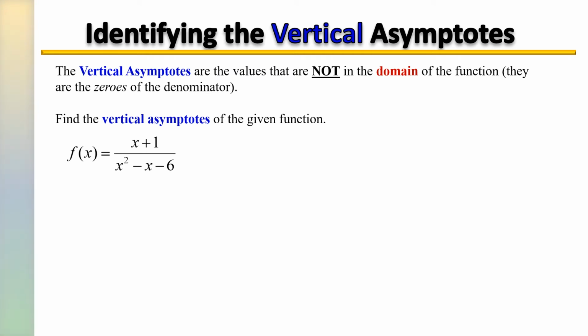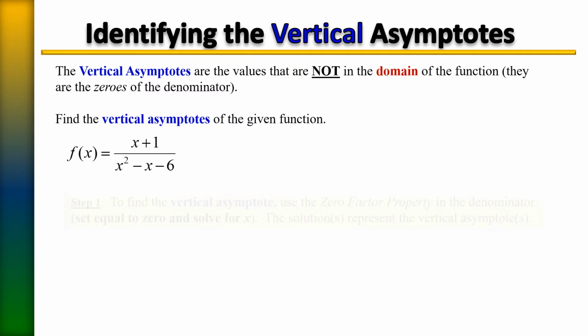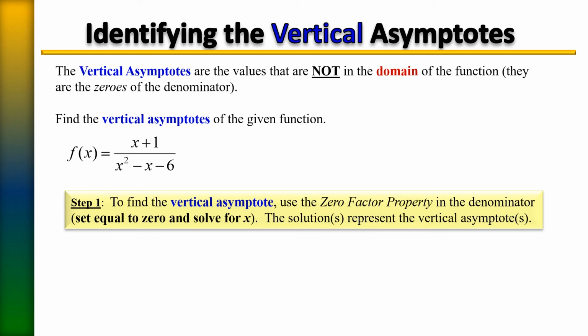In this example, we're asked to find the vertical asymptote of this rational function. So all we need to do is to take the denominator and set it equal to 0 so that we can solve for x and identify the values that are not in the domain of this rational function. So we're going to go ahead and factor the bottom, the trinomial there, and it factors into x plus 2 times x minus 3.